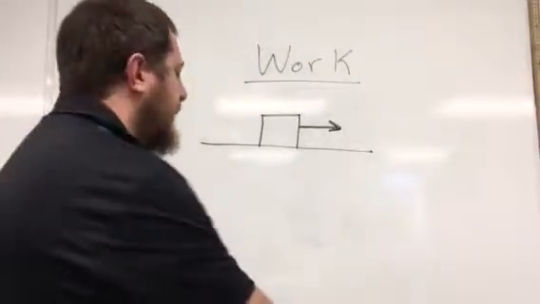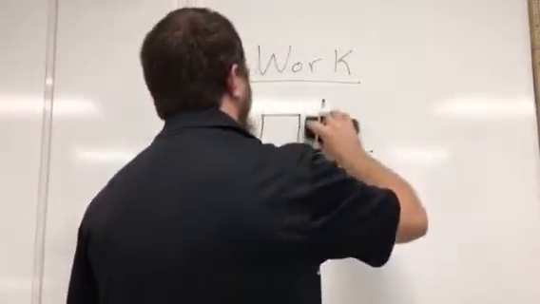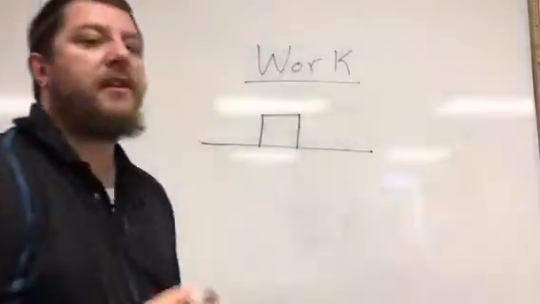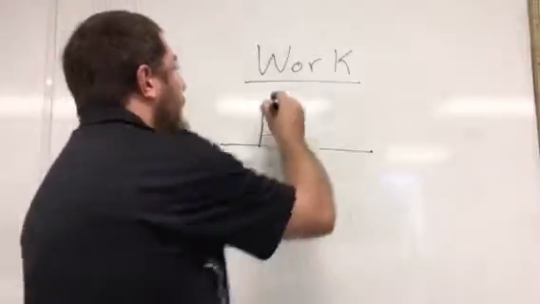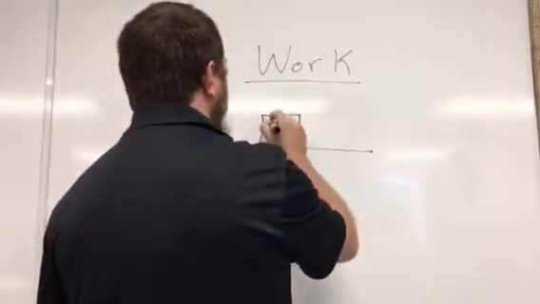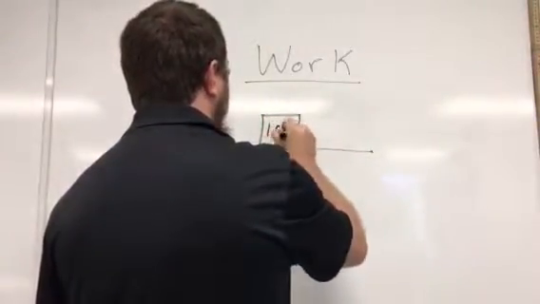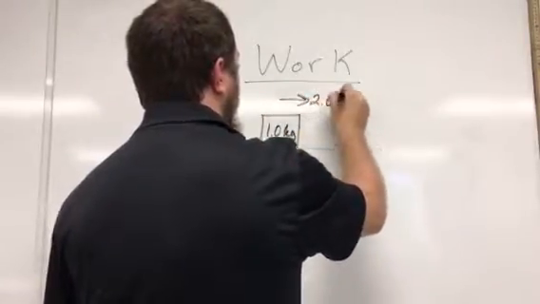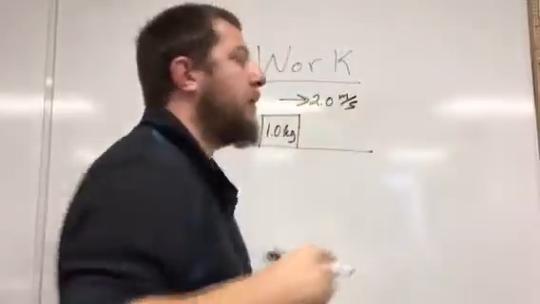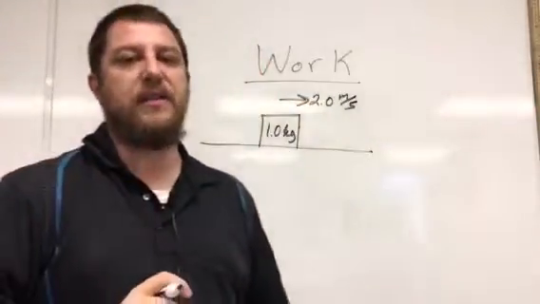Actually, I'll tell you what, let's not even say it's pulled. Let's just say that it's moving. So the surface is frictionless, you give it a shove, and it just has motion. It's in uniform motion. And let's say the mass of the object is 1 kilogram, and the velocity of the object is 2 meters per second. So you give this a bit of a shove and it's sliding across this frictionless floor.